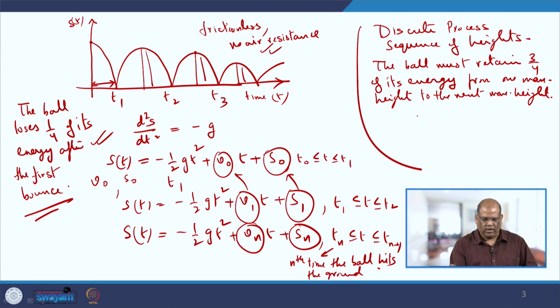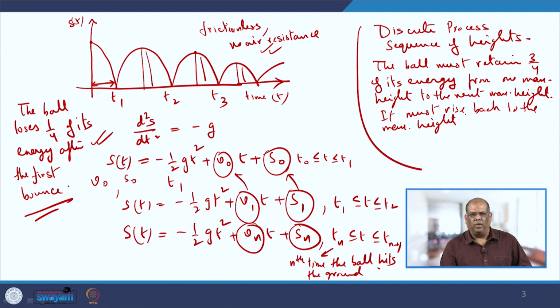And from physics, this will mean that with this energy, it must rise back to the maximum height.